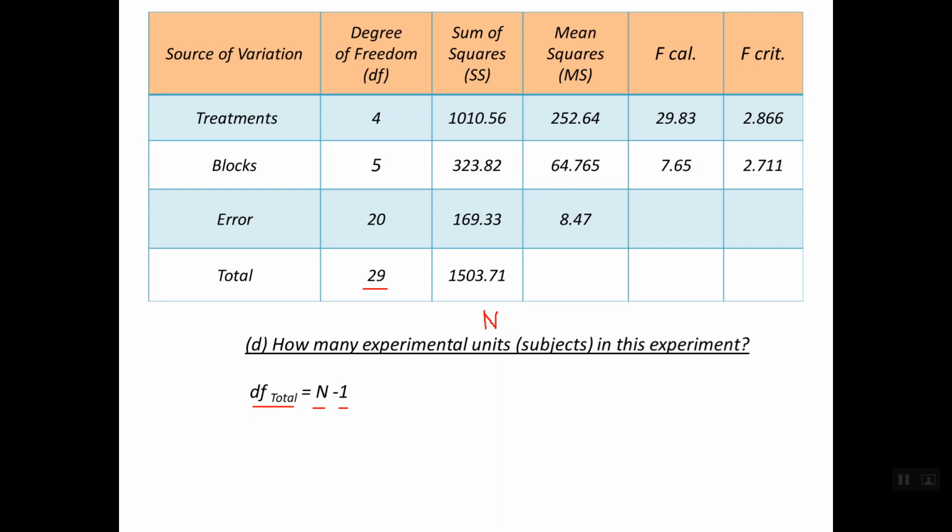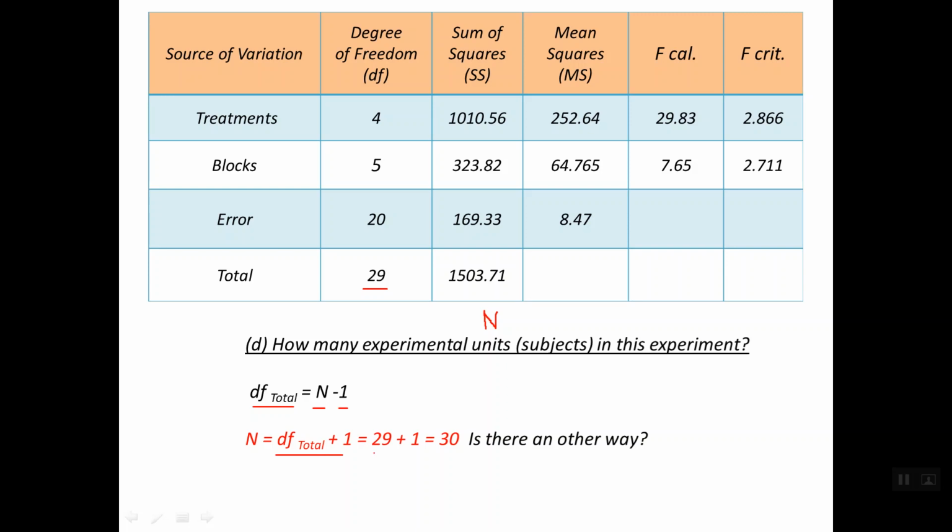And capital N here represents the number of the units or experimental units used in the experiment. So we can simply calculate the value of N. It's equal to the degree of freedom total plus 1.